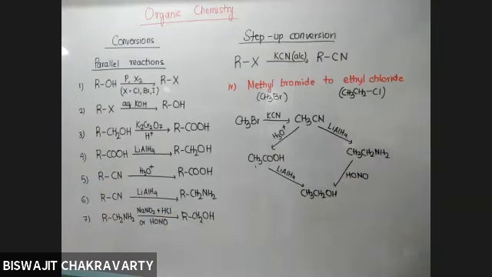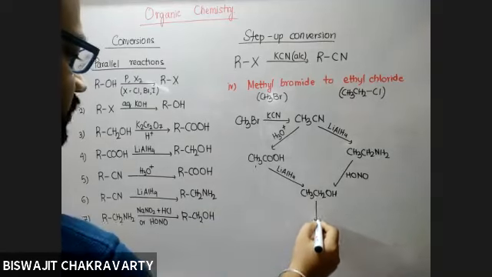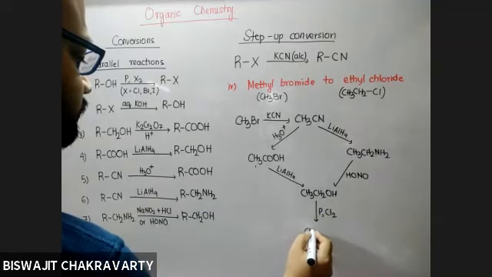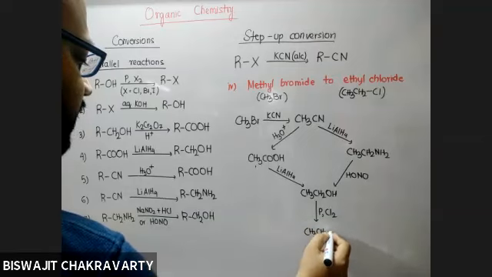Pathways are different, but you can get ethanol from both steps. Once you get ethanol, you can treat this with phosphorus chlorine, because what I want is chloride. Clear?